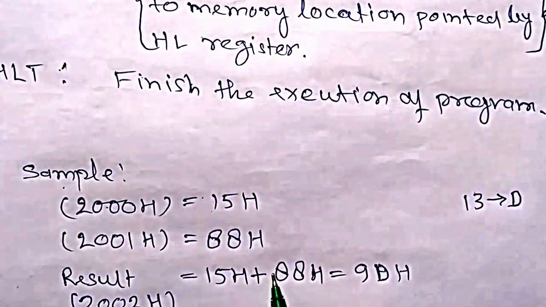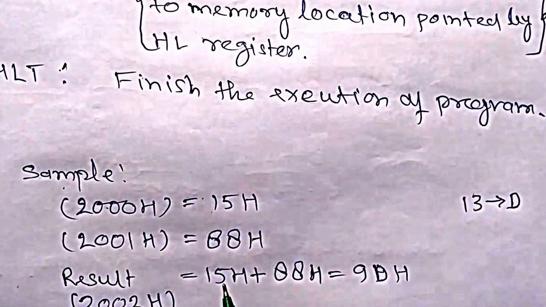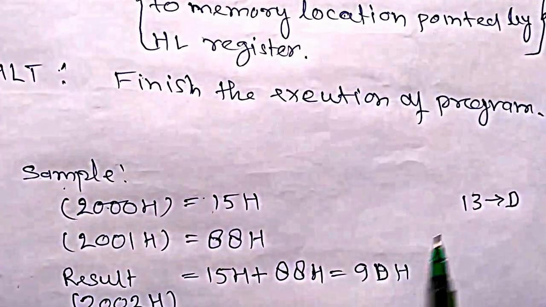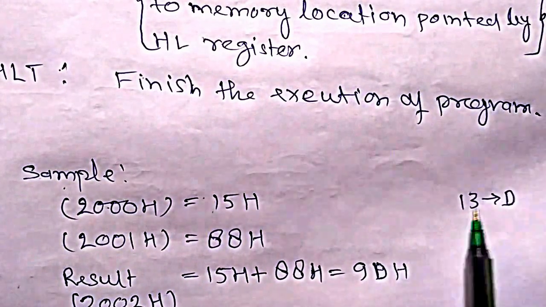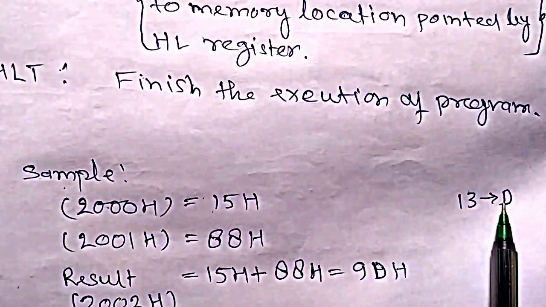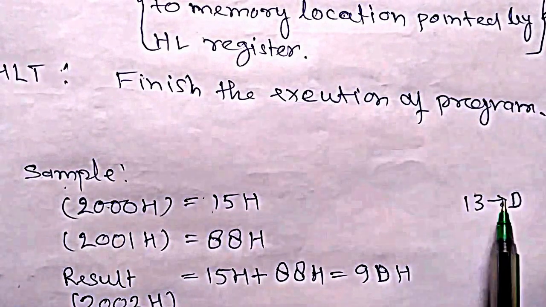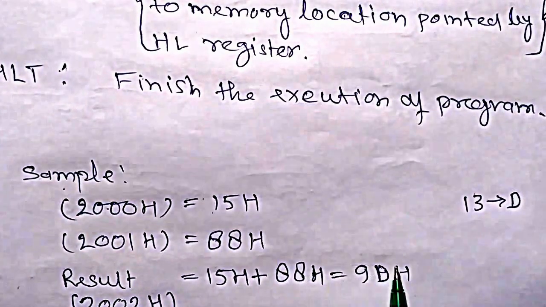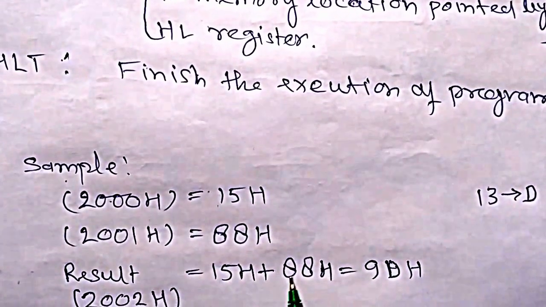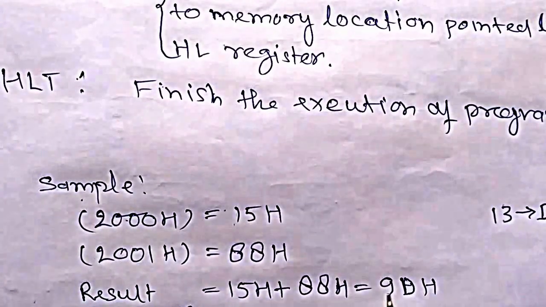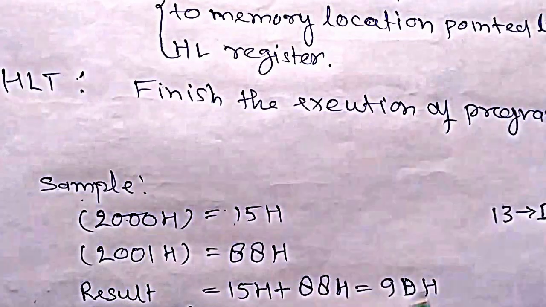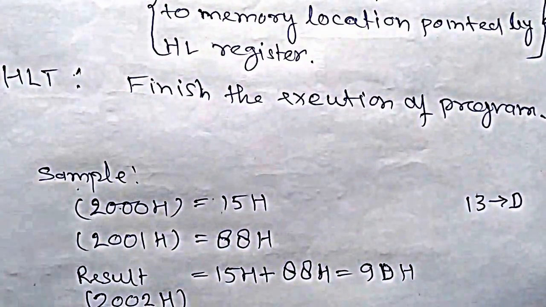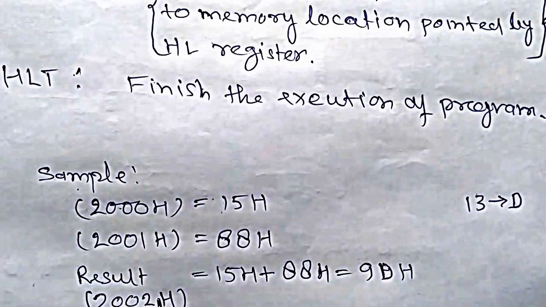That is 5 plus 8 equals 13, which is D in hexadecimal. So 5 plus 8 equals 13, that is D. 1 plus 8 equals 9. So the result is 9DH, and it will be stored at memory location 2002H.